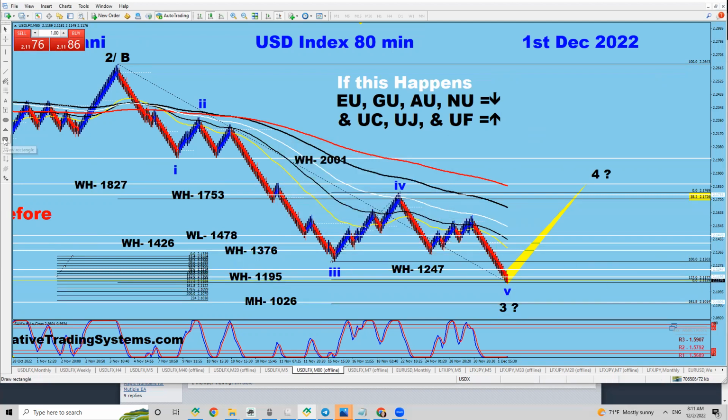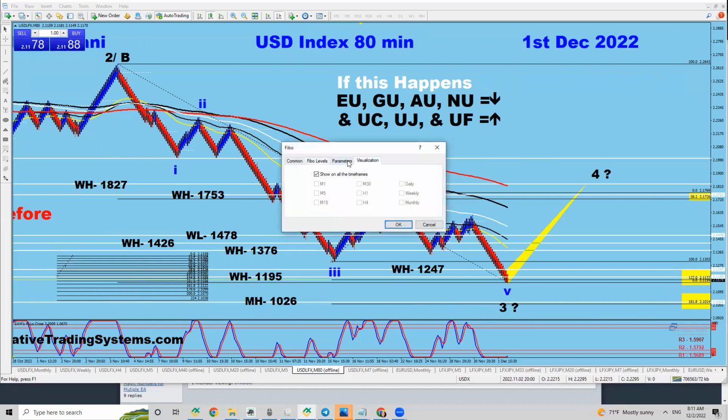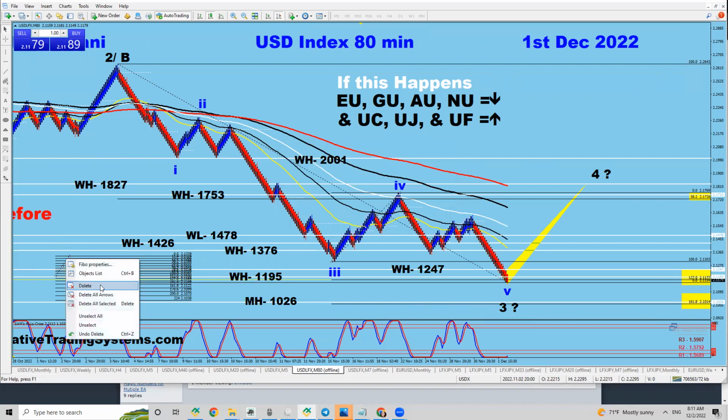So now you can see right now it is at the 127 extension and can make the turn. And if not, then NFP will make it go to the downside, to the 1026 and 161%, and then make the turn. So let me get my fib back, and now I have it back.